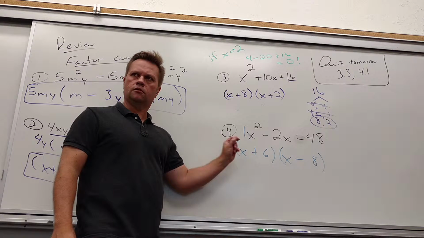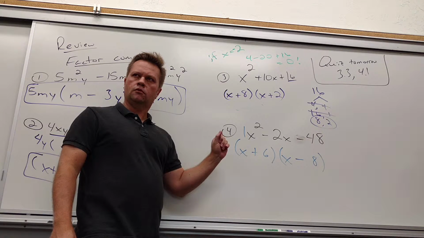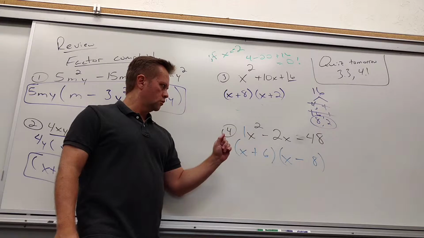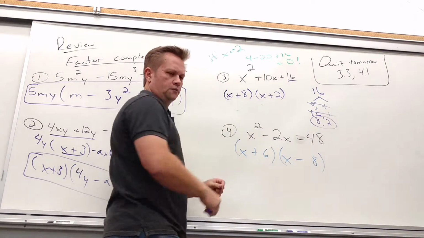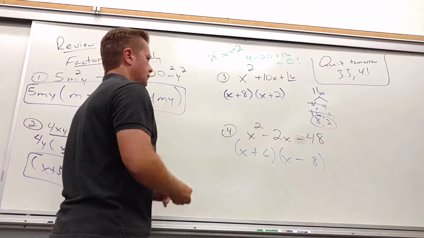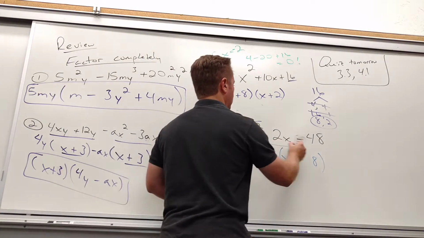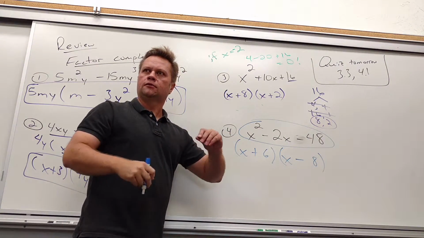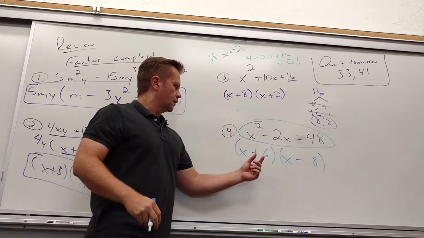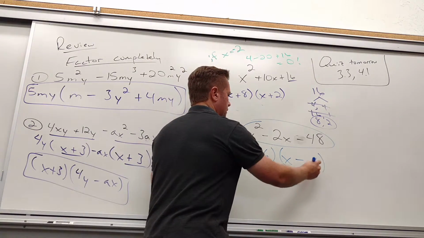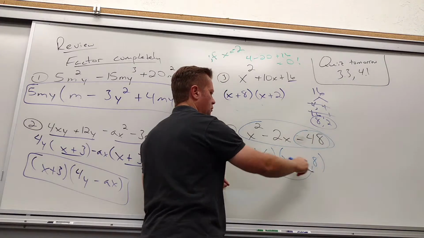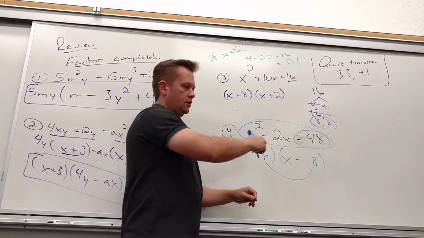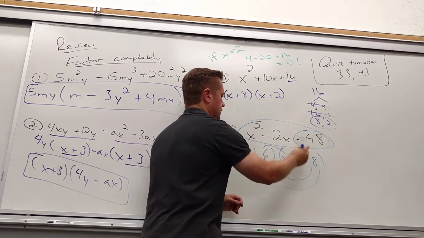I looked at this entire thing to figure out that number, to be honest. Because I know that this times this makes the last number, so they have to multiply to negative 48. I got that. And I know that this plus this has to make the middle number.